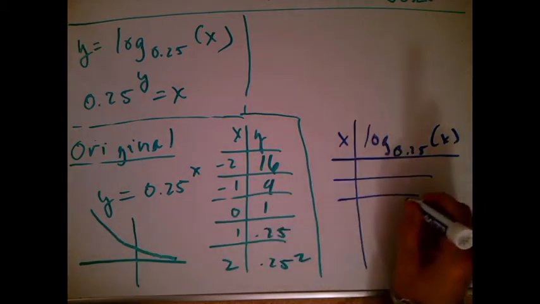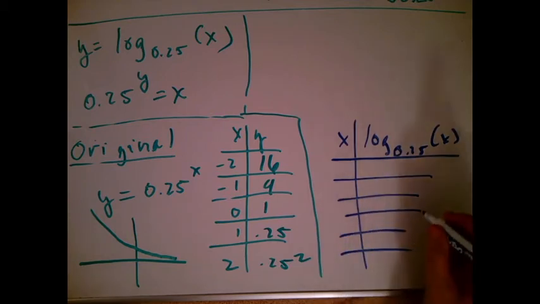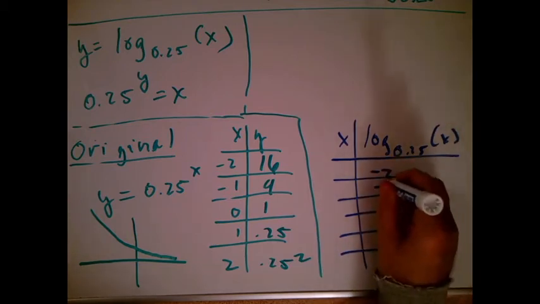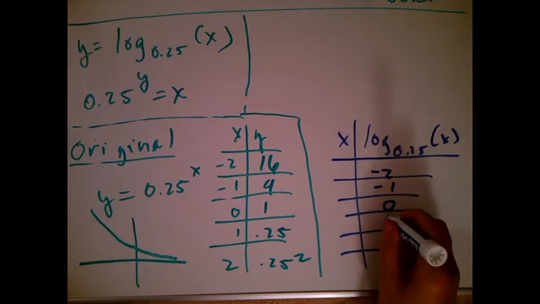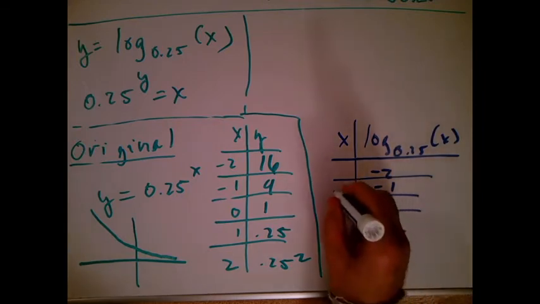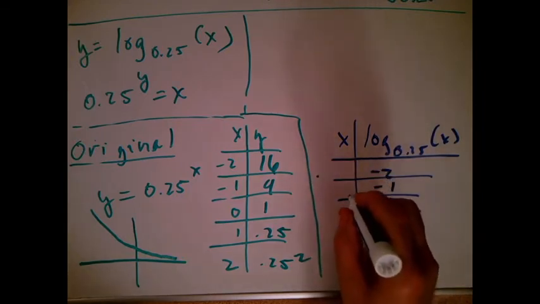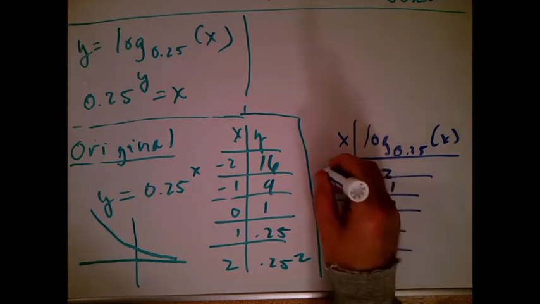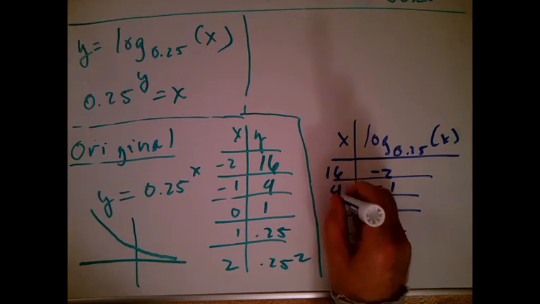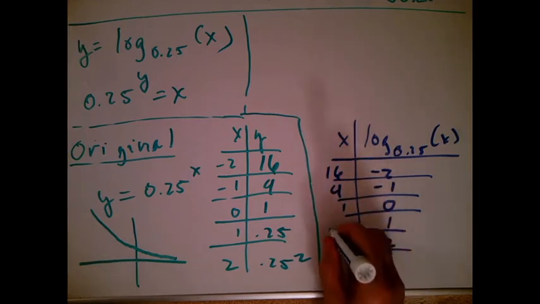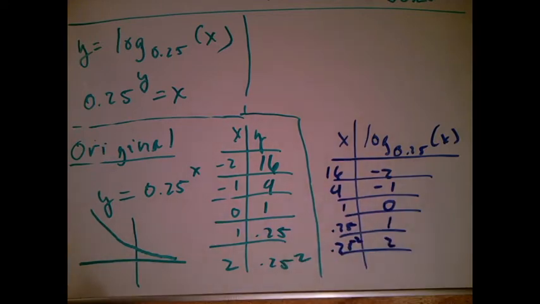So this is going to be minus 2, minus 1, 0, 1, 2. And over here, I'm going to get 16, sorry, 16, and 4, and 1, and 0.25, and 0.25 squared. So we can get data for the log function just by going back to the original exponential function and switching the tables, which is really, really nice.